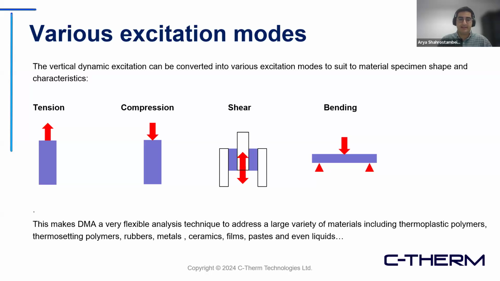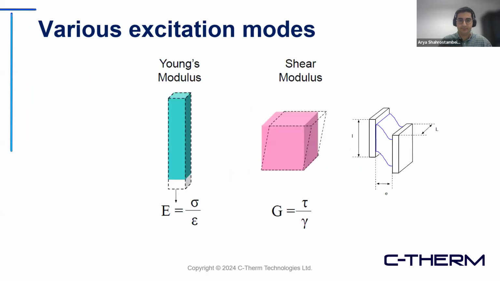So using different excitation modes makes DMA a very flexible analysis technique to address a large variety of materials, including thermoplastic polymers, thermosetting polymers, rubbers, metals, even ceramics, films, pastes, and even liquids. So it's a very versatile instrument that can test different specimens with different properties and measure viscoelastic properties of your samples for different applications.